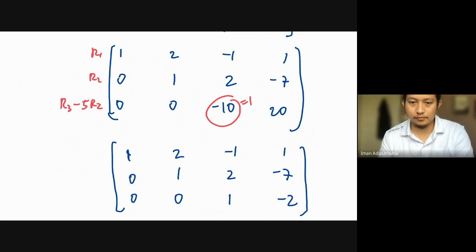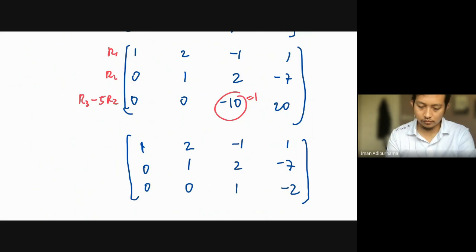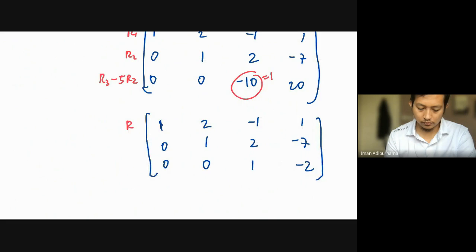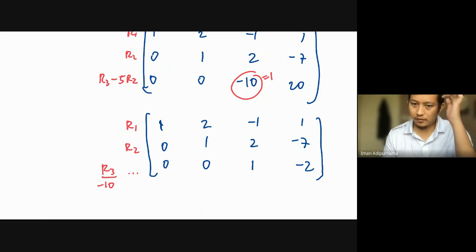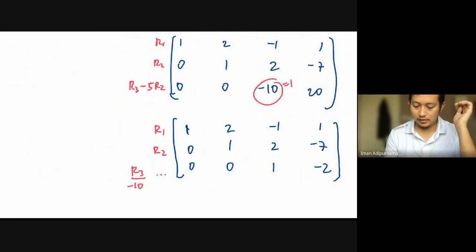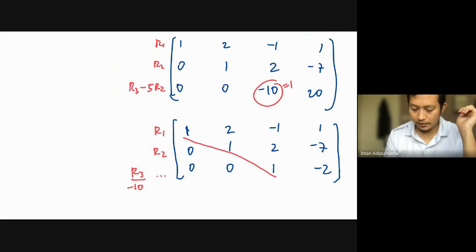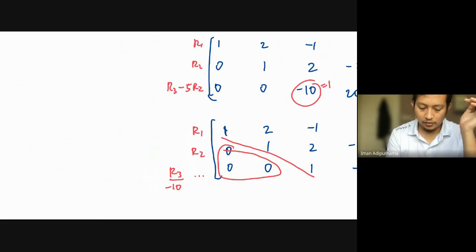Okay. This is R3 divided by negative 10. And now we have exactly 1, 1, 1 here and 0, 0, 0 here. And we can do substitutions. Okay. Then do some substitutions.